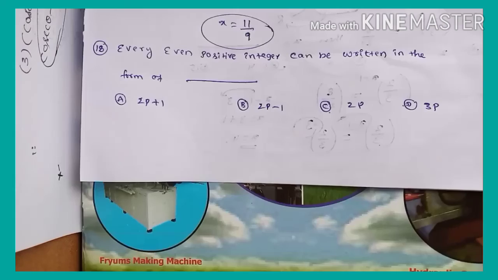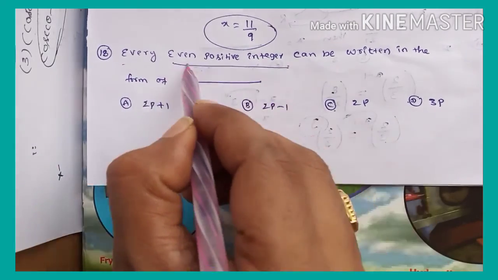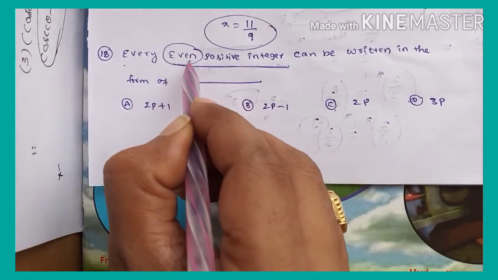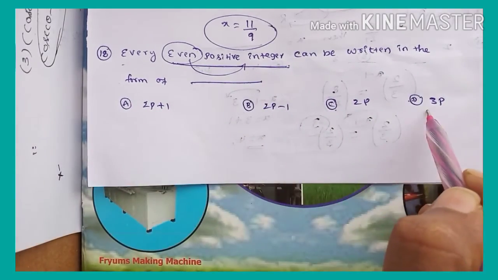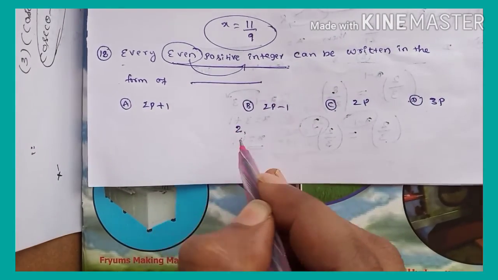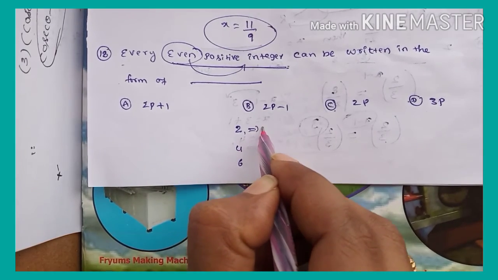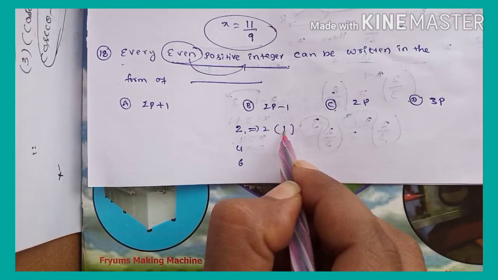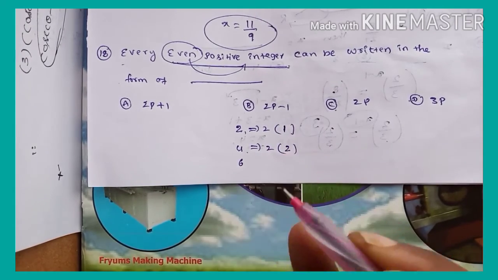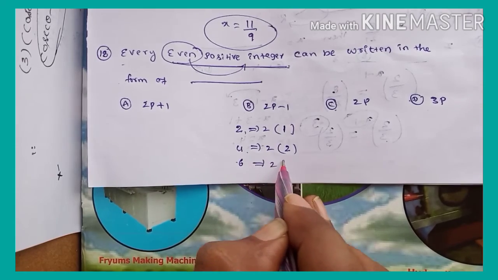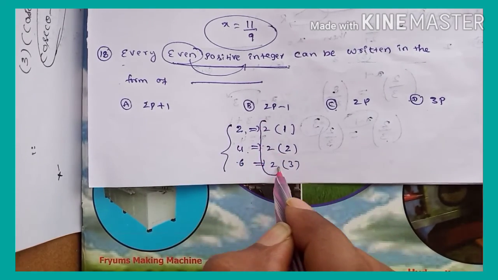Next bit. Now the problem is: every even positive integer can be written in the form of dash. Even numbers are 2, 4, 6 and so on. 2 can be written as 2 into 1. 4 you can write as 2 into 2. 6 you can write as 2 into 3. So for any even number, the common coefficient is 2.